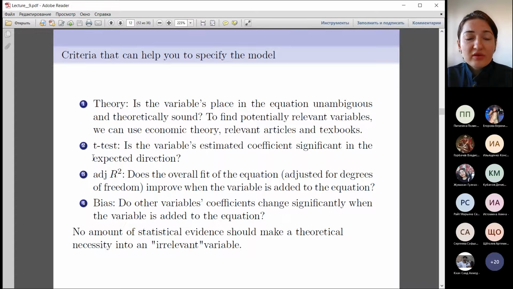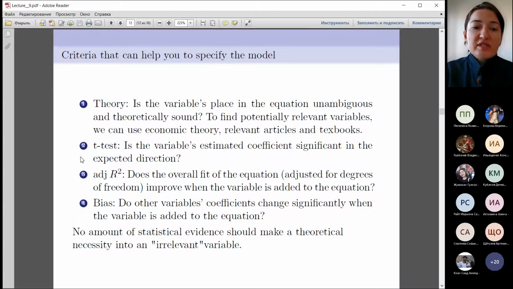The second one, of course, you can take a look at the t-test, and you know how to do this. We have learned to use proper statistics since our first lectures, and even since your statistics course. So the question is: is the variable's estimated coefficient significant in the expected direction?